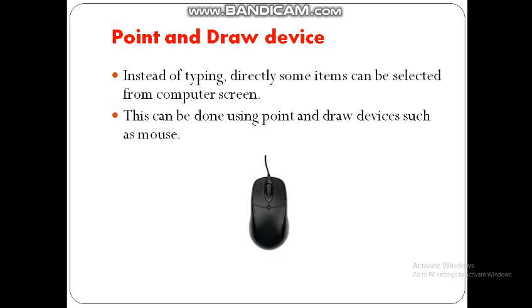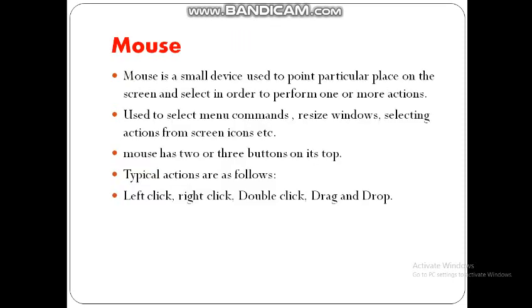No need to type, you just insert on your screen. A mouse is a small device used to point to a particular place on the screen and select in order to perform one or more actions. It is used to select menu commands, resize windows, select actions from screen icons, etc.